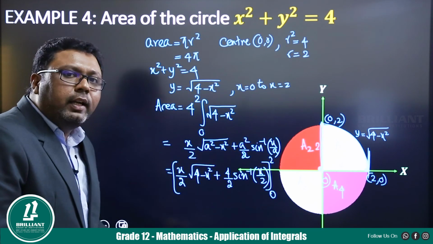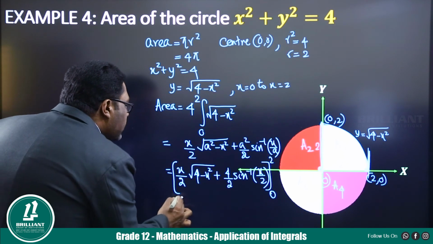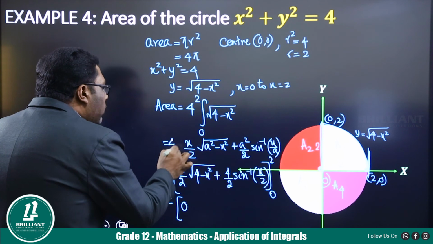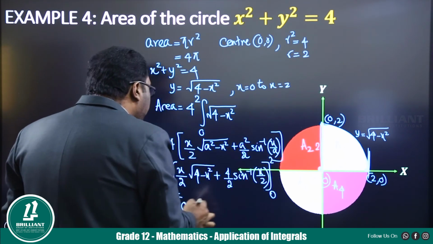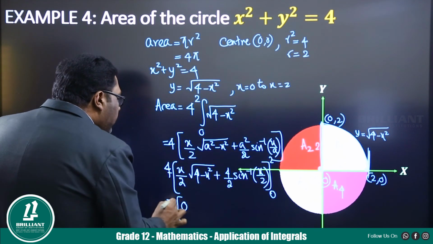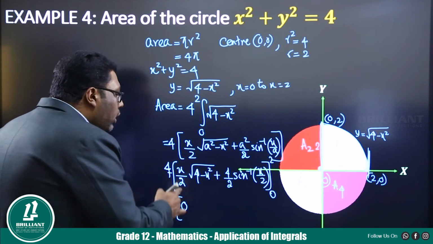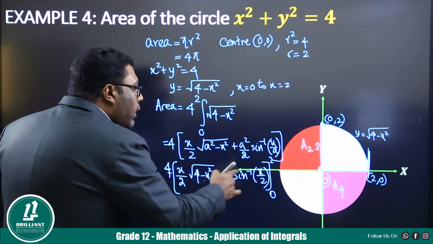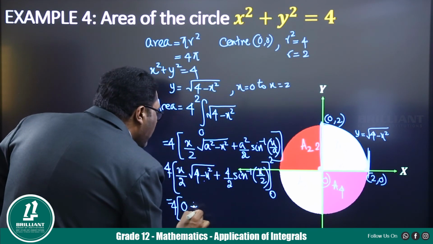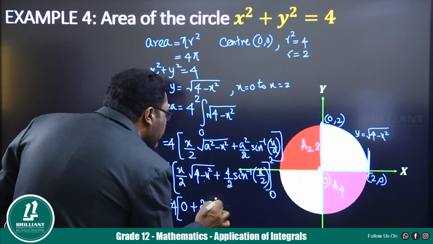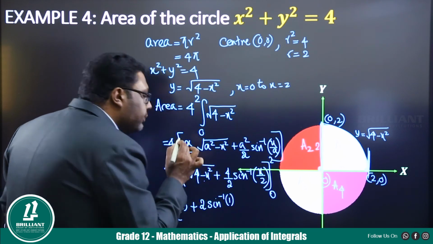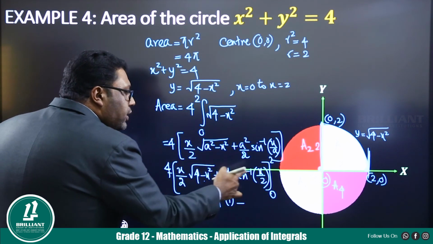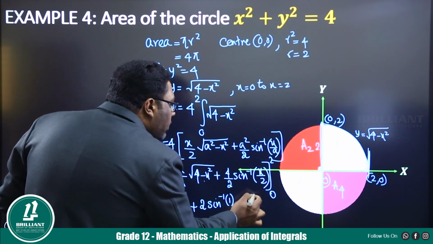Now, if I apply the limits over here, we have a 4 over here. Don't forget about the 4. We have to multiply it with 4. When you apply 2 here, 4 minus 2 squared is 0, so I will have 0 plus 2 sine inverse 1, and minus, when you apply 0, this expression is 0, and sine inverse 0 is also 0.